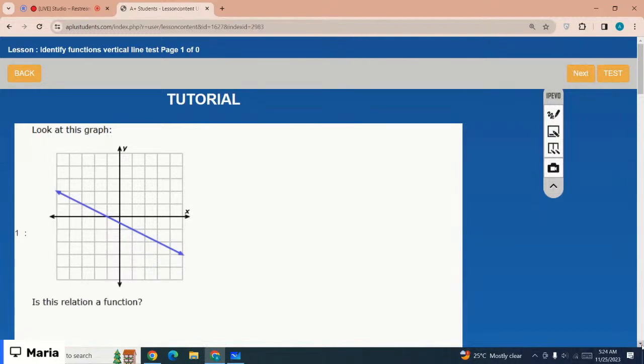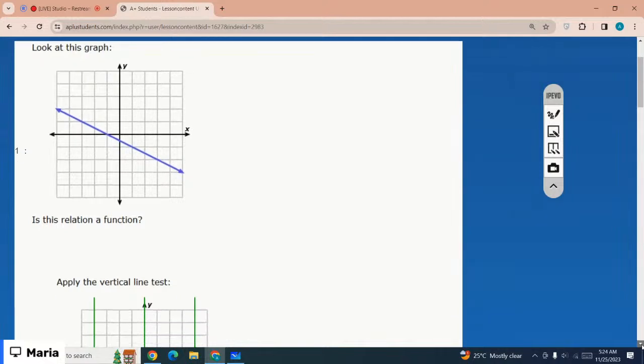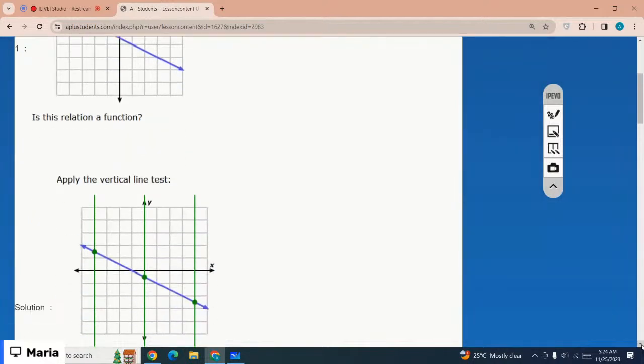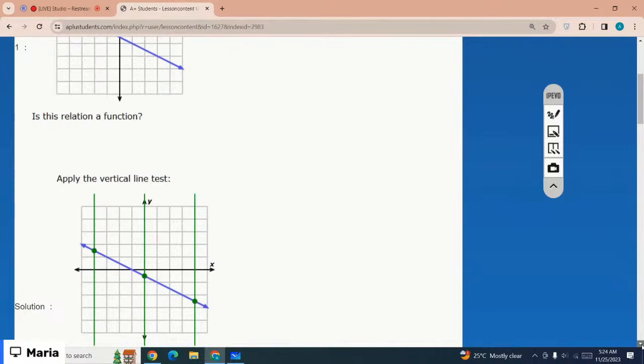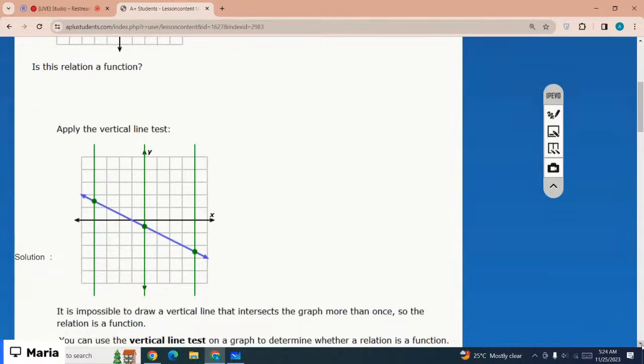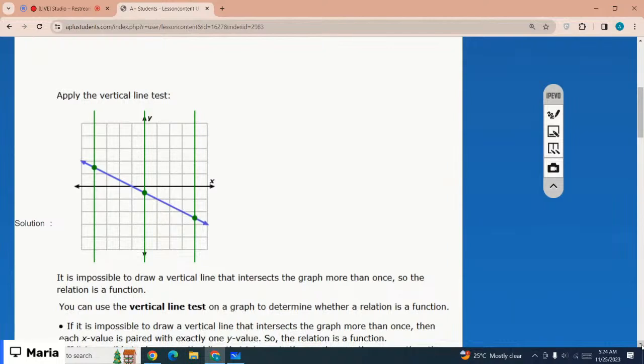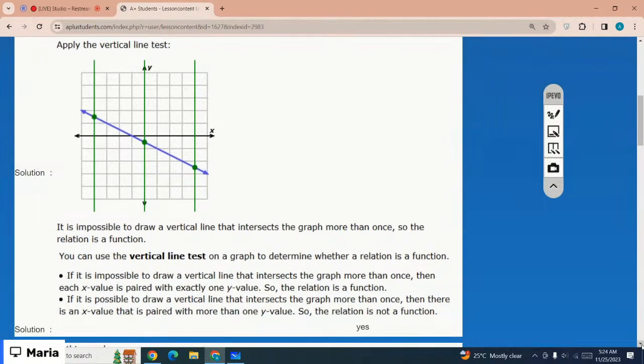Look at this graph. Is this relation a function? So you have to apply the vertical line test, right? You can make vertical lines on the graph. It is impossible to draw a vertical line that intersects the graph more than once. So the relation is a function.